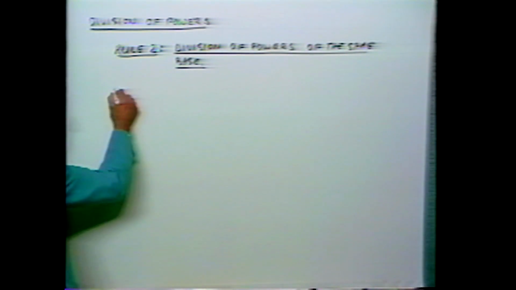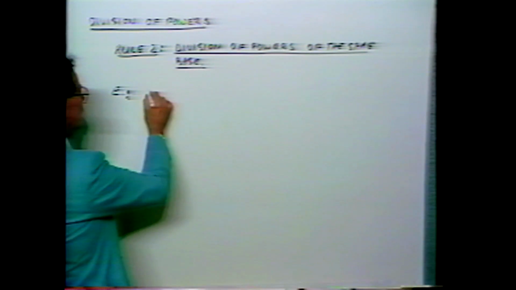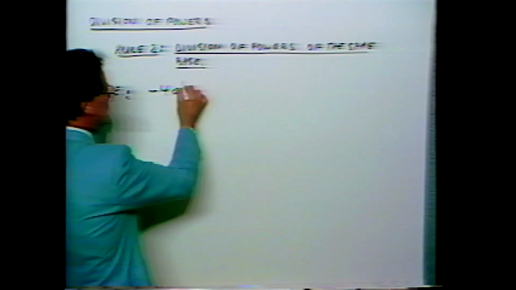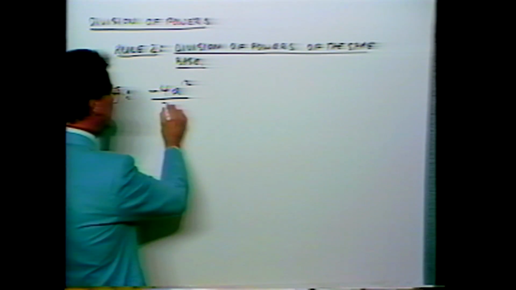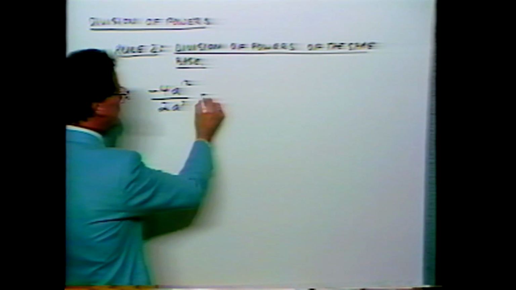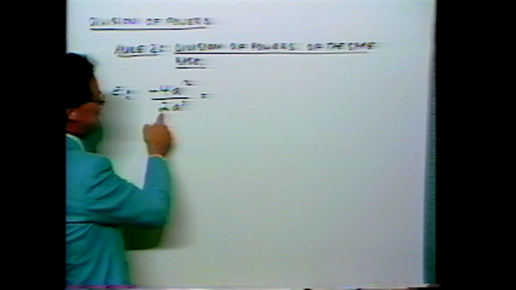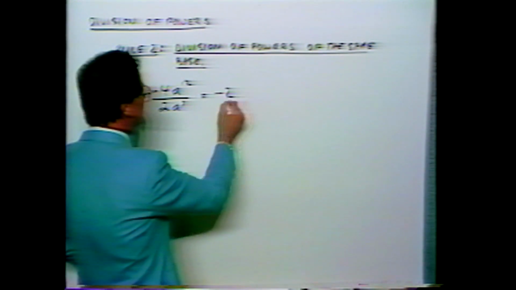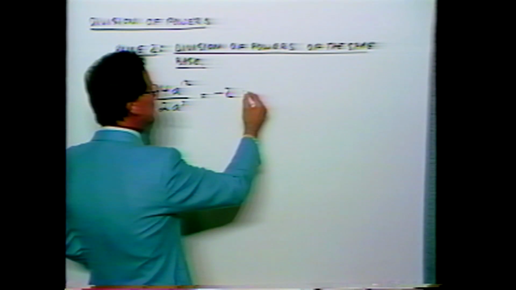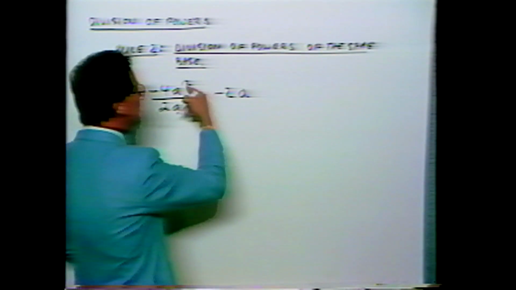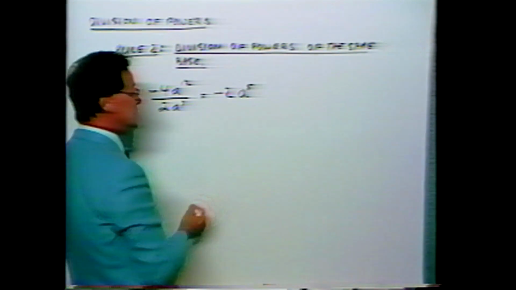Here's another example. Negative 4a to the 12th divided by 2a to the 7th. We can simplify the coefficients here. Negative 4 divided by 2 is negative 2. And working on the exponents of the powers which are divided, we have a to the 12 subtract 7, and that equals a to the 5th.